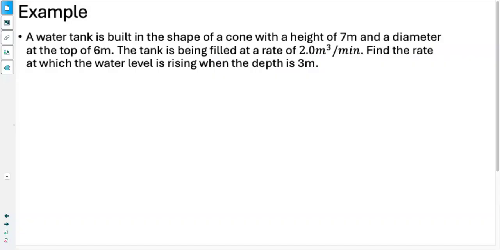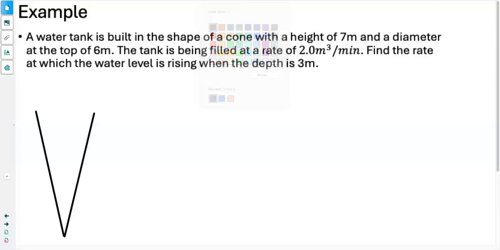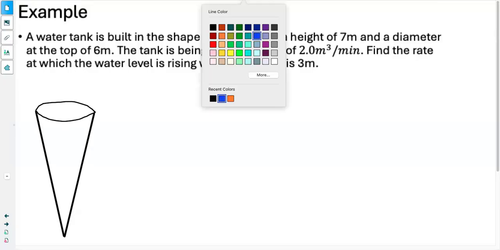So first thing I would do is draw out a cone. And then we'll label a few things.